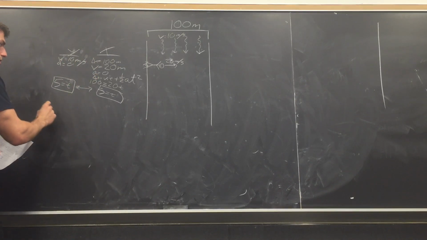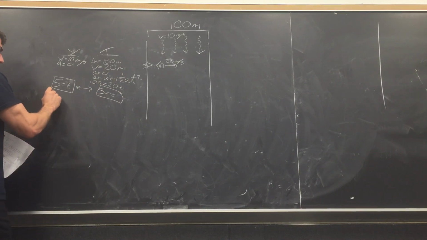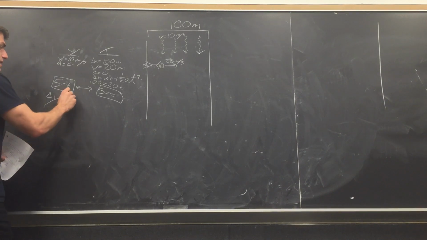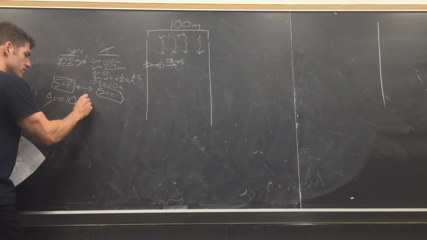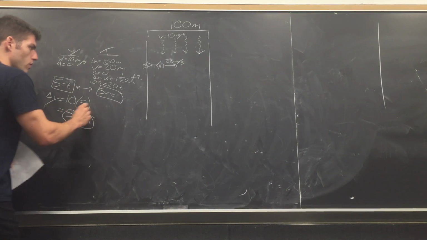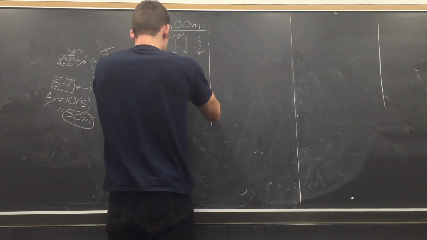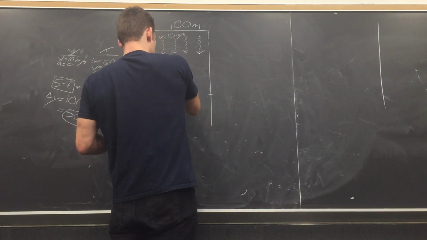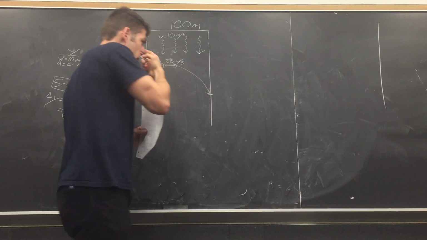So I can do pretty much the same thing. Delta y equals v_i t plus 1/2 a t squared, which is the initial velocity 10 times the time, which is 5, and that's 50 meters. So I went 100 meters this way, but I also went down 50 meters. So I land somewhere around here. I basically swim like this because of the current.